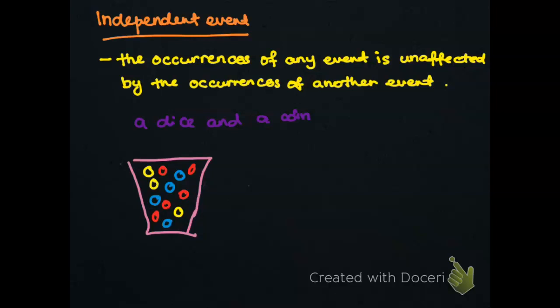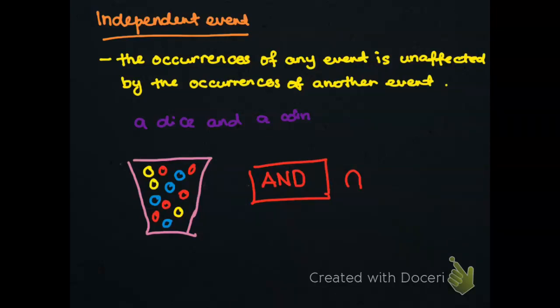So independent event involves the word "and", AND. So the symbol will be like this. To find the probability of two independent events that occur in sequence, we need to find the probability for each event occurring separately and then multiply the probabilities.